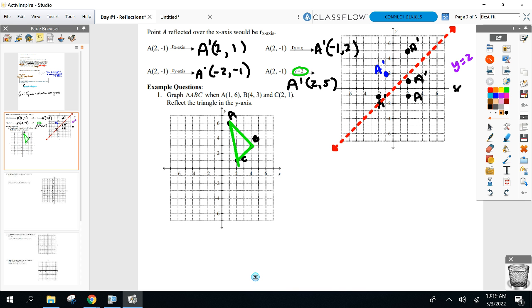And go ahead. Y-axis, everybody. Y-axis. Not the X, the Y. So count your distance, match it. Make sure you put a prime with it, please. A prime, B prime, C prime.